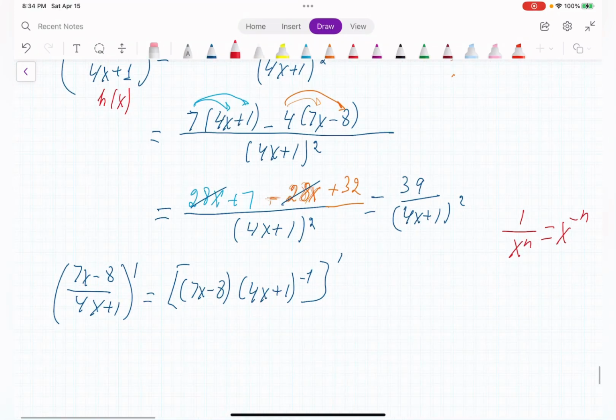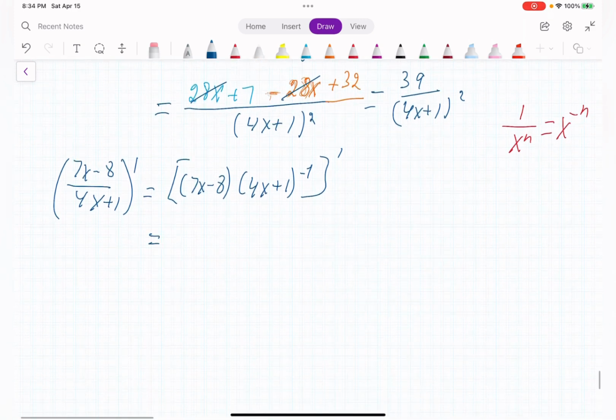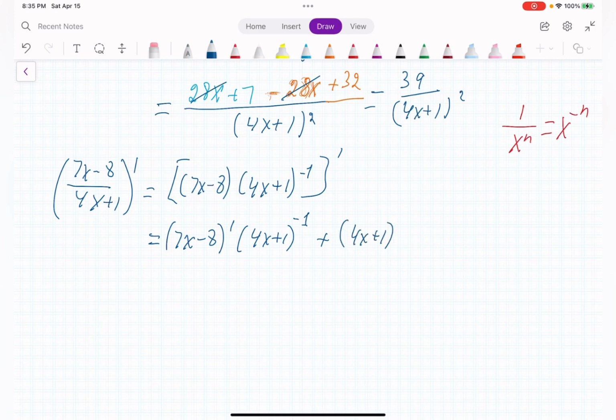So from here, we're using the product rule. That's going to be the derivative of 7x minus 8 times 4x plus 1 to the power negative 1, plus the derivative of 4x plus 1 to the power negative 1 times 7x minus 8.